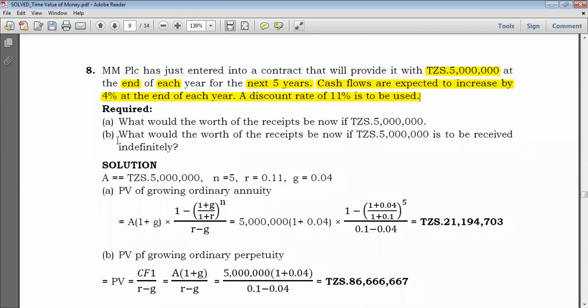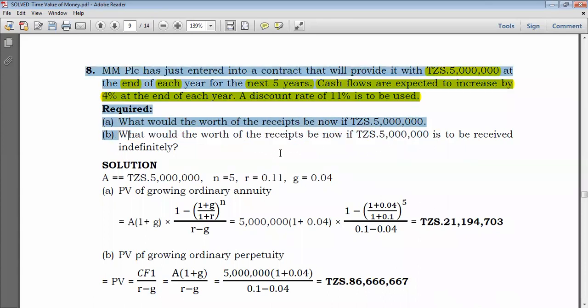All right? Now we are told, what would the worth of the receipts be now if 5 million is to be received, actually we presume, not indefinitely but for 5 years. And then what would be the worth of the receipts now if 5 million is to be received indefinitely?